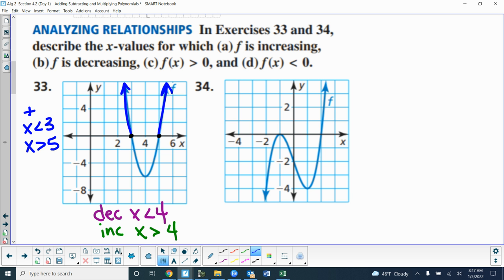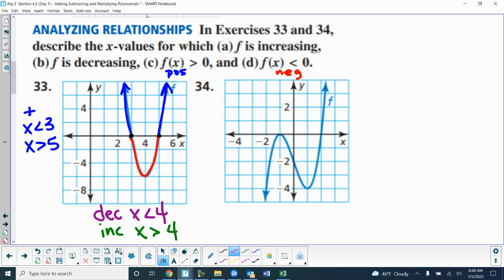Okay? And then we used red yesterday for the negative part, which would be the part below the x-axis. Okay? Greater than 0 is positive, less than 0 is negative. So that means negative part. This greater than 0 means the positive part. Okay? So it's between this x value and this x value.